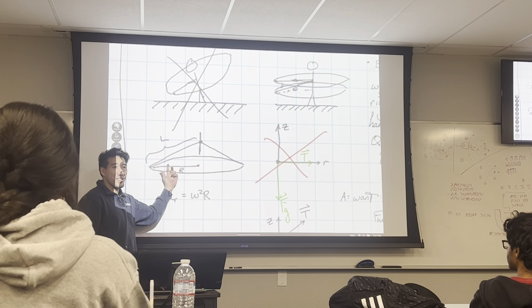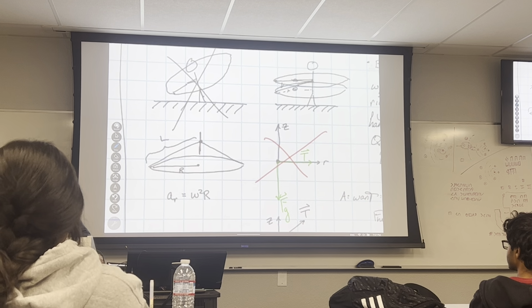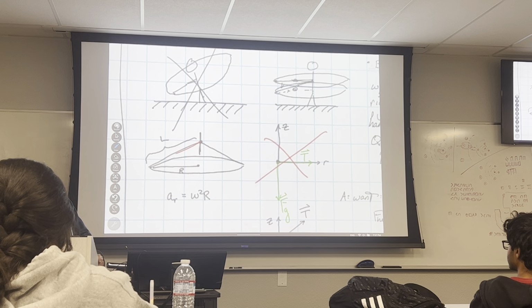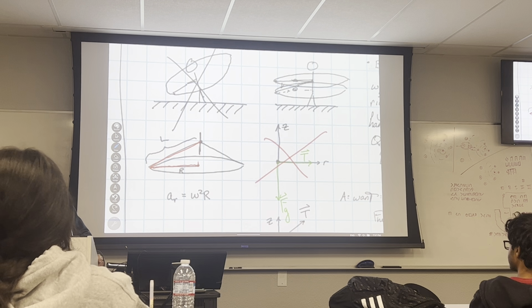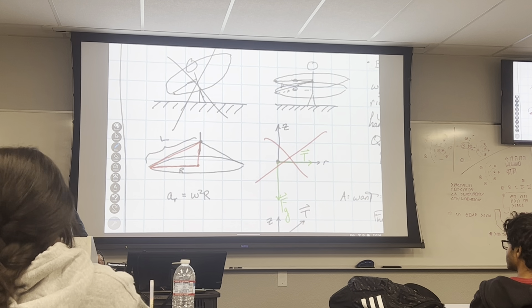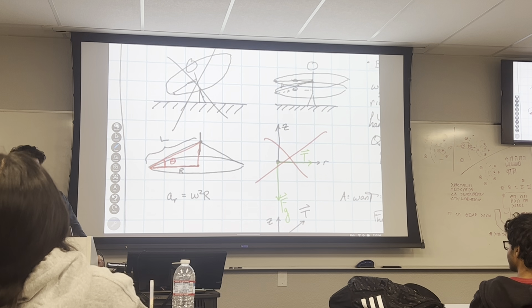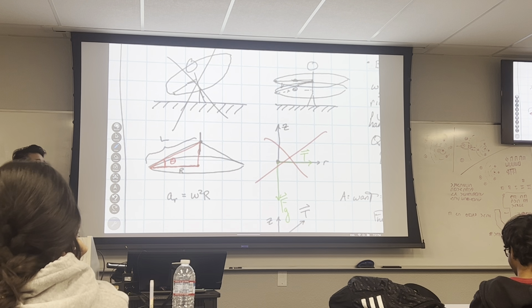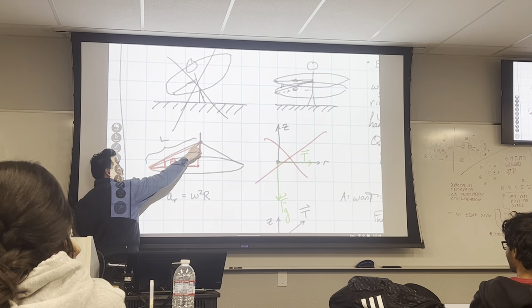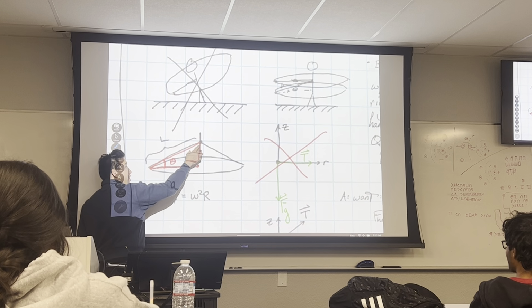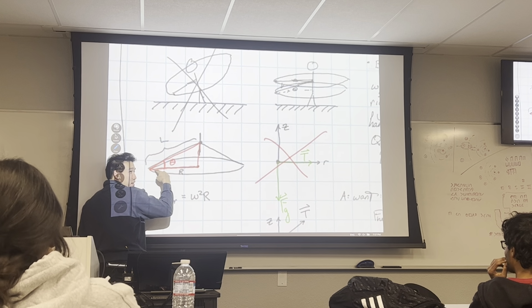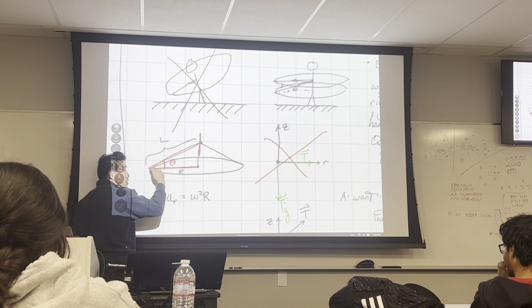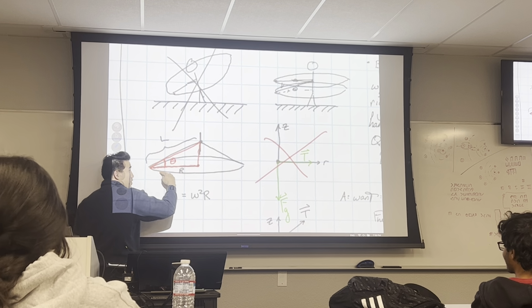Does that make sense? If we zoom in right here, what shape do we have? It's a triangle, at an angle theta. This was the arm and the rope. This is L. But for circular motion, you care about the trajectory of the circle itself.